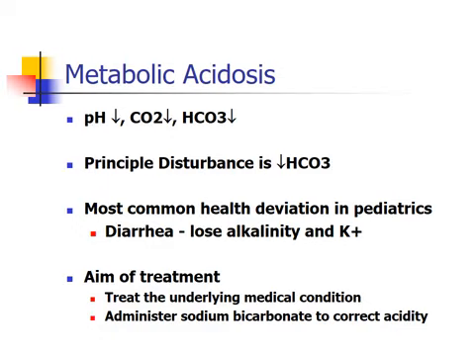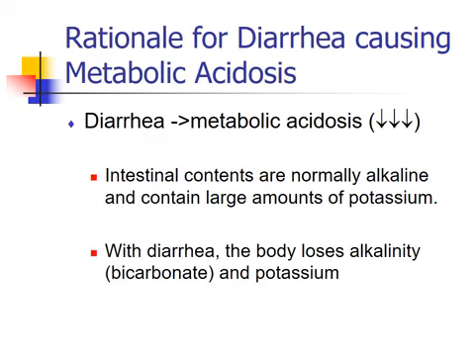The principal disturbance is the low bicarbonate, and the most common health deviation in pediatrics is due to diarrhea, where they lose alkalinity and they lose potassium. So again, we want to treat the underlying medical condition and administer sodium bicarb to correct the acidity.